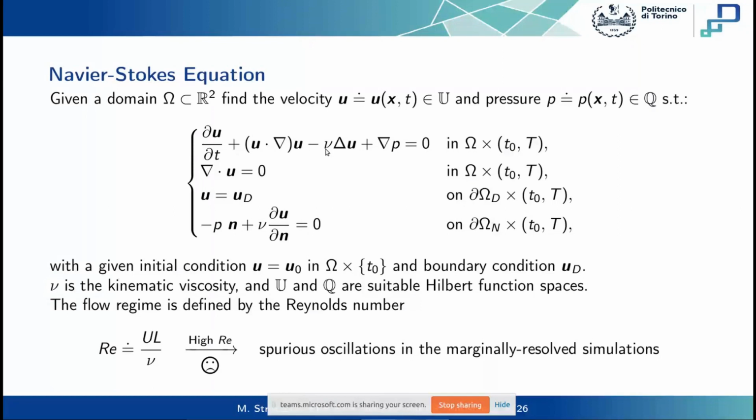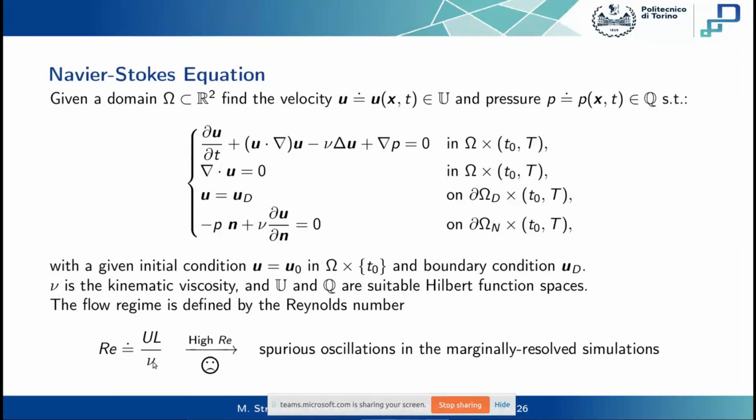The kinematic viscosity describes how the flow moves. Okay, so if you're not familiar with this equation, basically, if the kinematic viscosity is high, you have a diffusive effect on your system, while if the kinematic viscosity is small, you have high Reynolds.